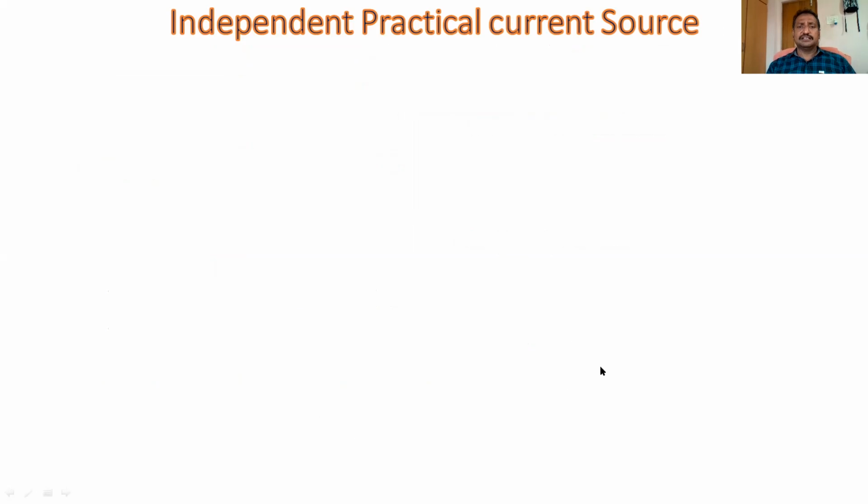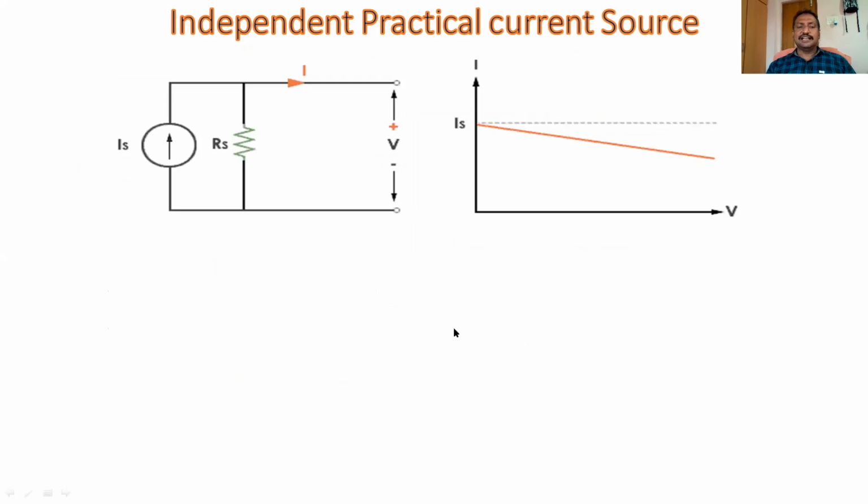Then we'll come back to the independent practical current source. In this independent practical current source, the independent source is represented with a circle, the current source is represented with an arrow, and the internal resistance Rs is in parallel with the current source.